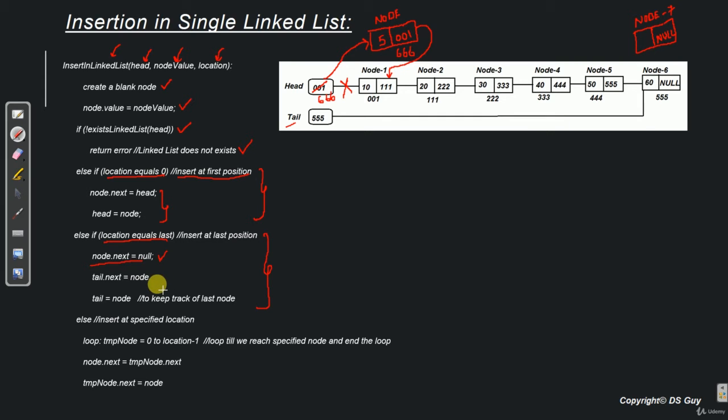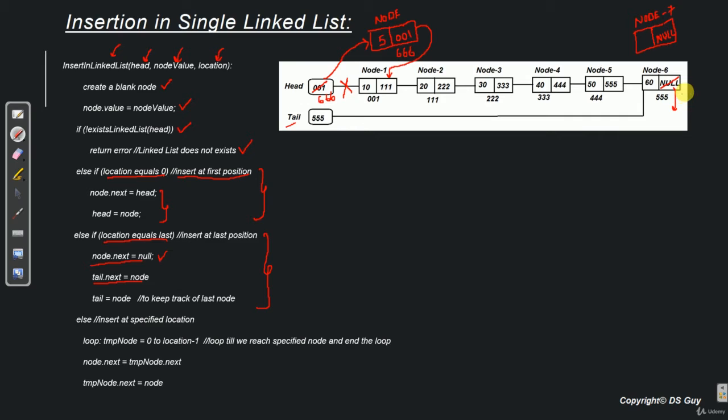Now what is the next step? Tail.next is equal to node. Now what is tail.next? Tail.next is basically this reference over here, because tail is pointing to node 6 and next has a null value in it. So all that we want to do here is update this value from null to node 7's address.